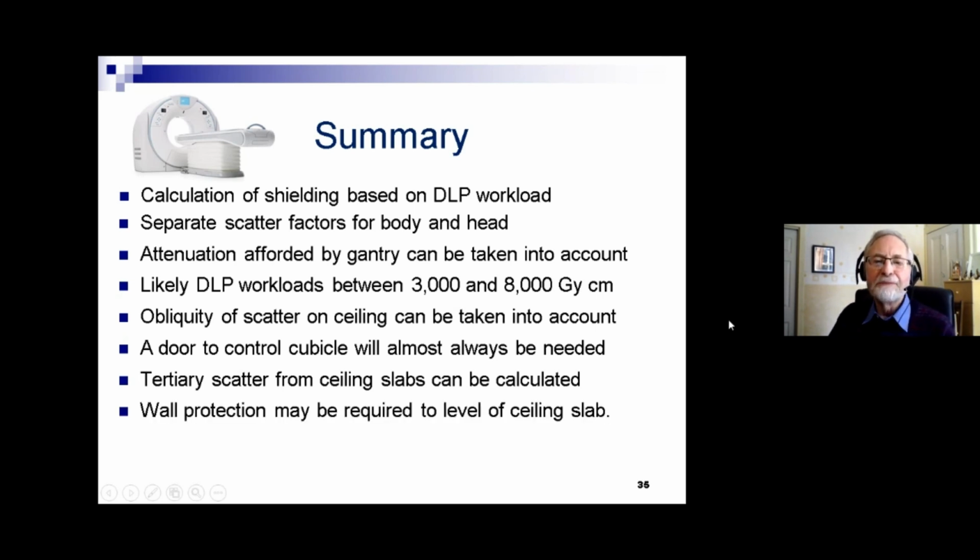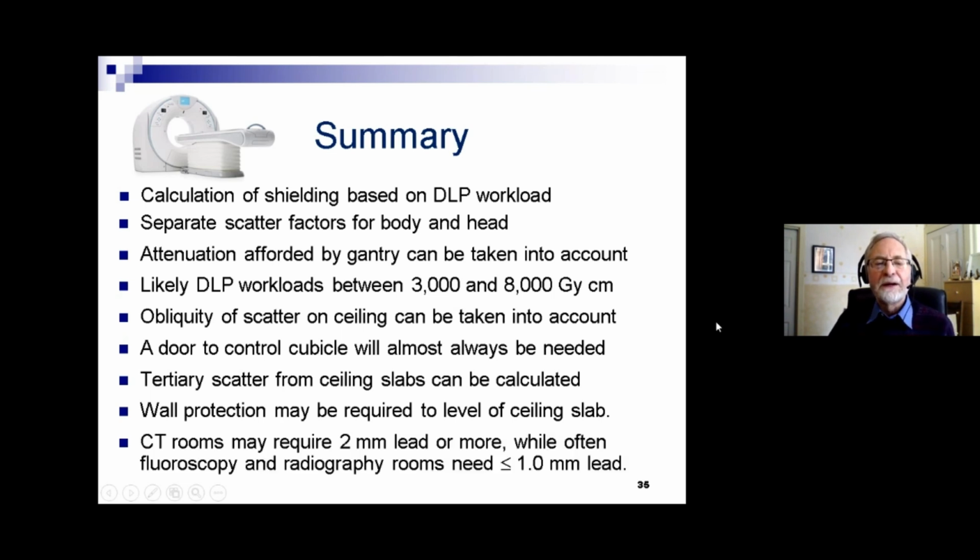Wall protection may be required to the level of the ceiling slab. And CT rooms may require 2 millimeters of lead or more, while often fluoroscopy and radiography needs may be less than 1 millimeter. So the standard Code 3 is suitable in most cases.